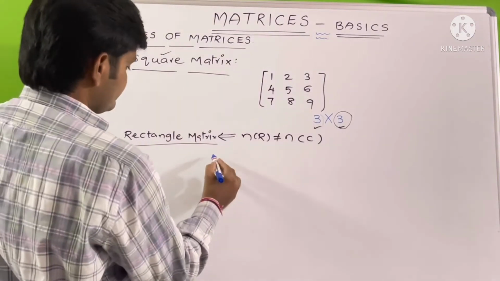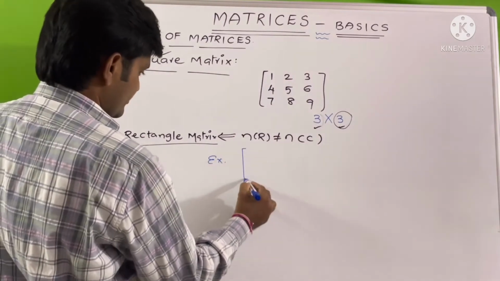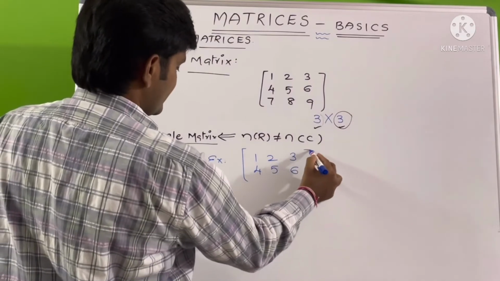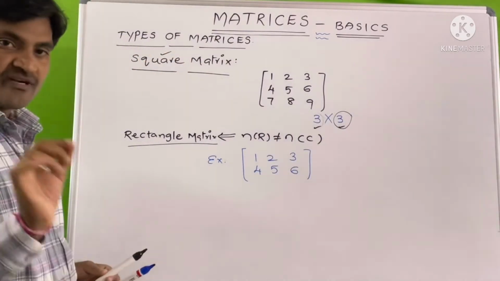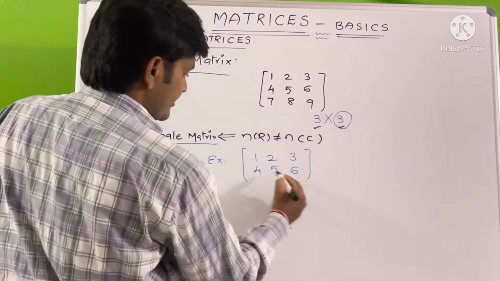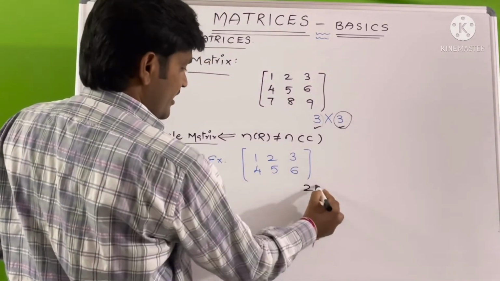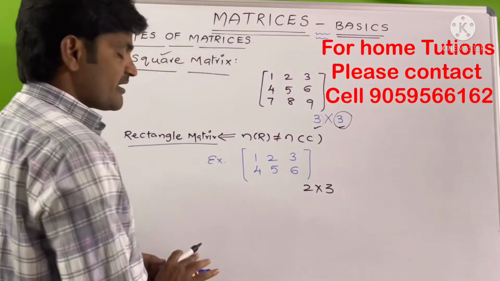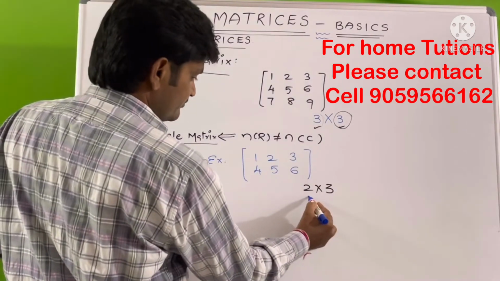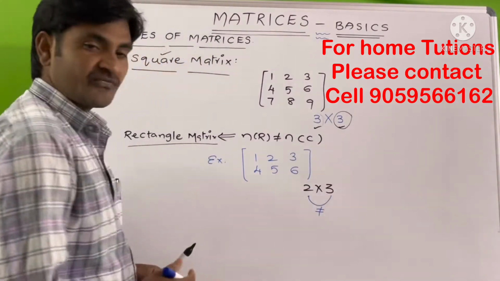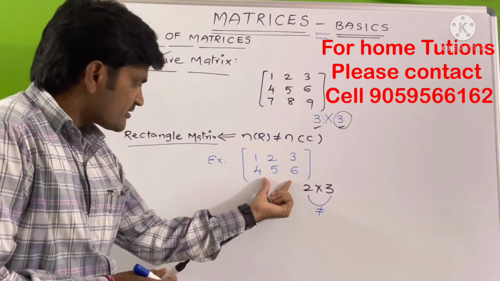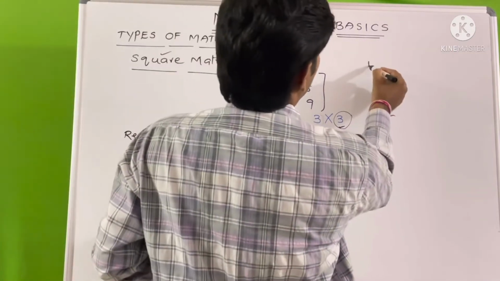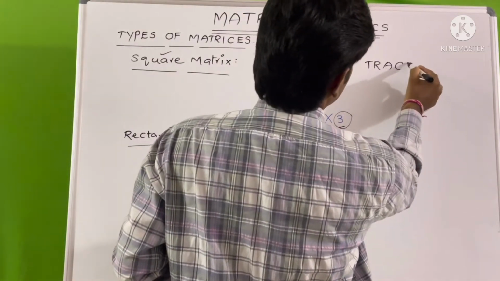Some example. Observe here 1, 2, 3, 4, 5, 6. This is a matrix. Now we write the order of this matrix: the number of rows is 2 and the number of columns is 3. By observing clearly, 2 and 3 are not equal, so this matrix is called a rectangle matrix.